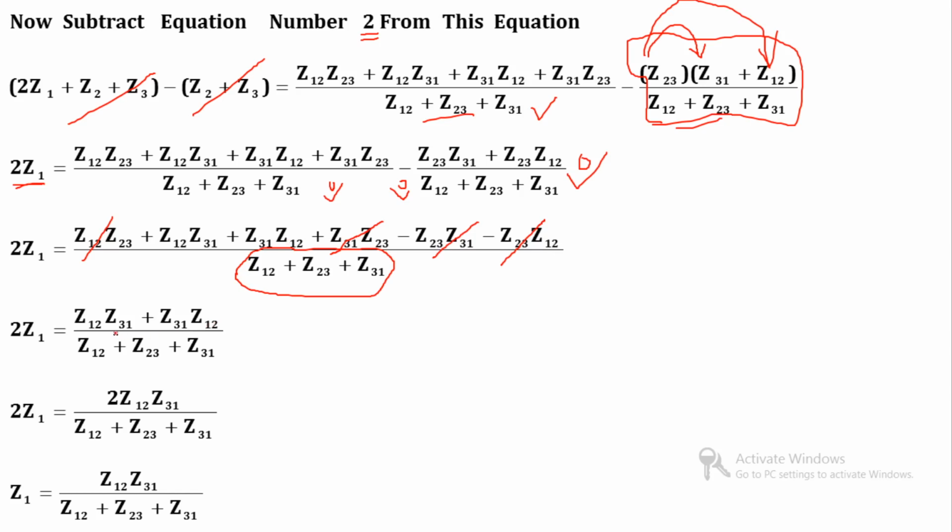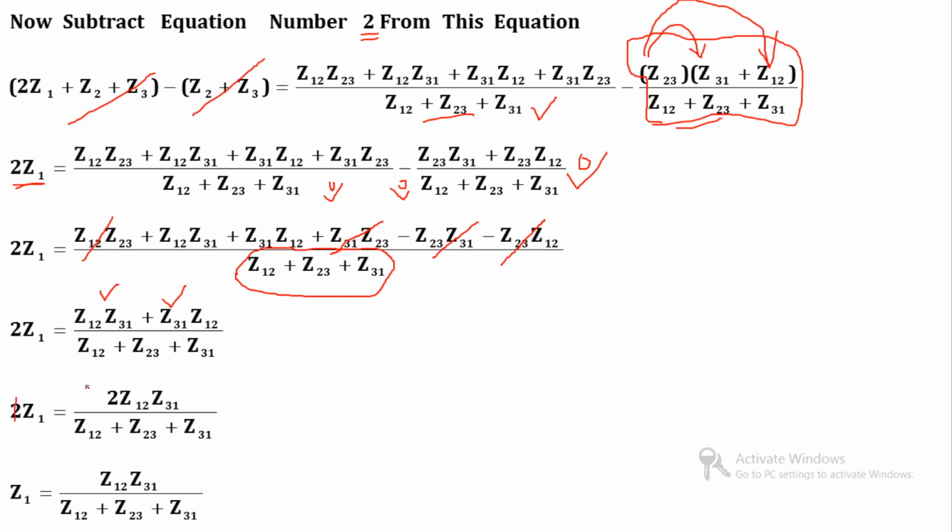Now you can see that these two terms are equal, because each is the multiplication of the impedances between 1, 2 and 1, 3. So I can write this as 2 Z12 into Z31.